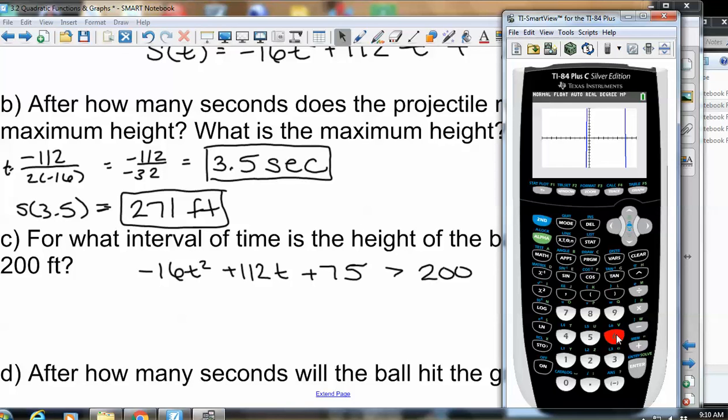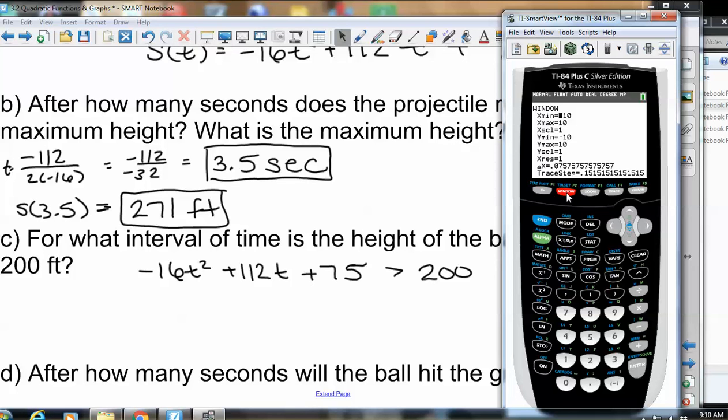I am trying to figure out when this thing hits a height of 200. So is a y value of 10 going to be high enough here? Okay. I want you to hit window, the second one up here at the top. This will allow us to change what we're looking at.